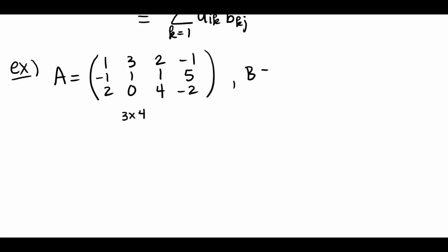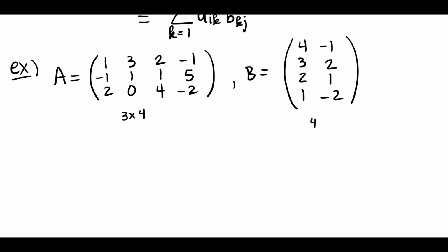And let's say that B is equal to, so I have to have 4 rows in this one for sure, 4, 3, 2, 1, -1, 2, 1, -2. So this is a 4 by 2. I know I can multiply these. I can do A times B. I cannot do B times A because I don't have the right dimensions.